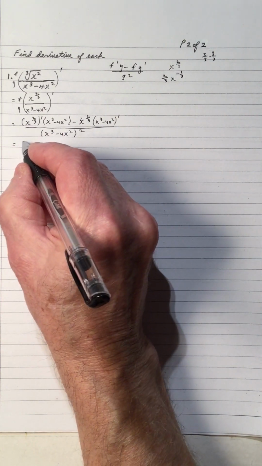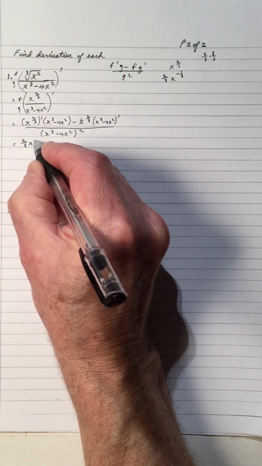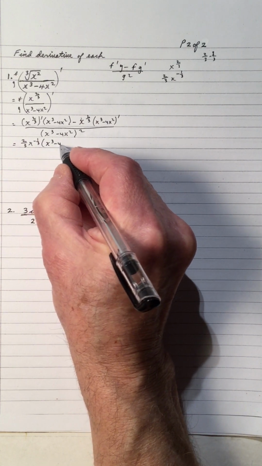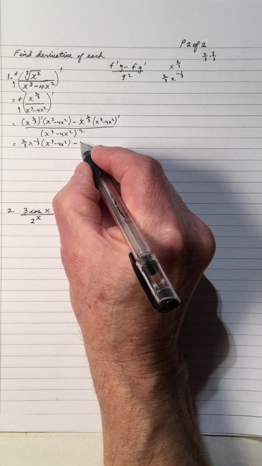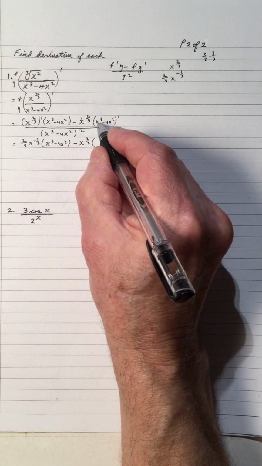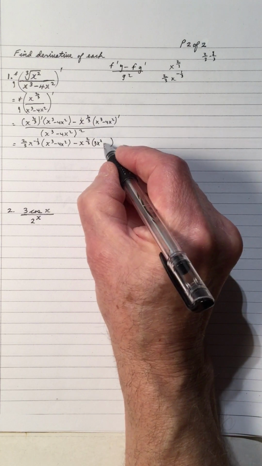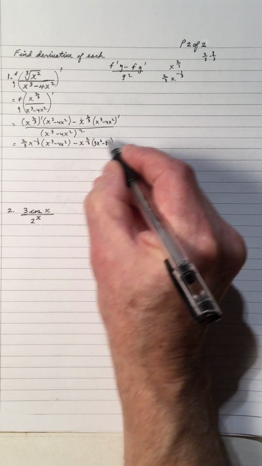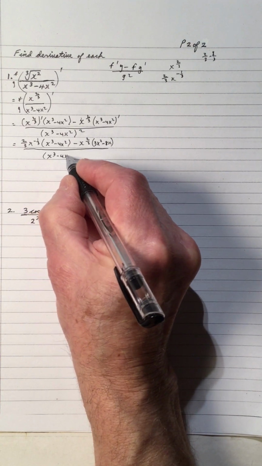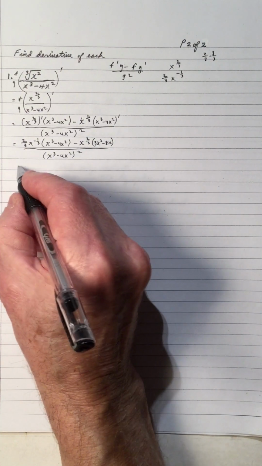So we have 2/3 x to the negative 1/3 times x cubed minus 4x squared, and we have x to the 2/3, and the derivative of this binomial is 3x squared, and negative 4 times 2 is negative 8x, all over x cubed minus 4x squared, all squared. Now we have to multiply this out.